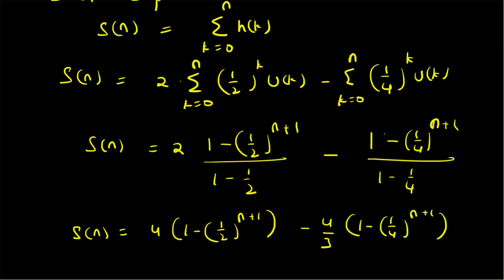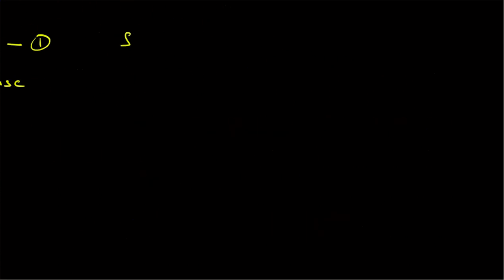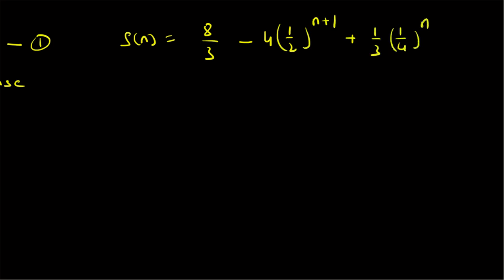Upon further simplification, simplifying the constants, S of n is equal to 8 by 3 minus 4 times 1 by 2 power n plus 1, plus 1 by 3 multiplied by 1 by 4 power n. And since the definition of S of n says that it is summation from k equal to 0 to n of h of k, that means S of n is non-zero only for n greater than or equal to 0.